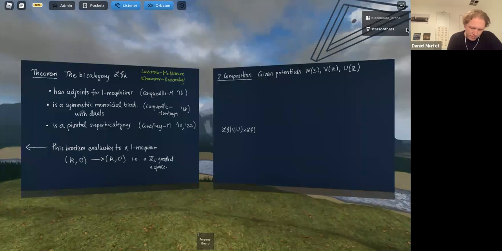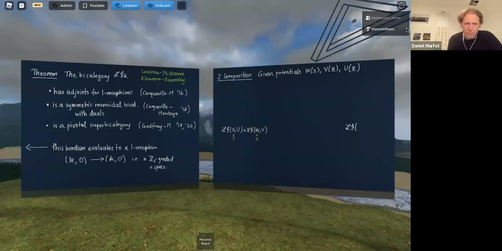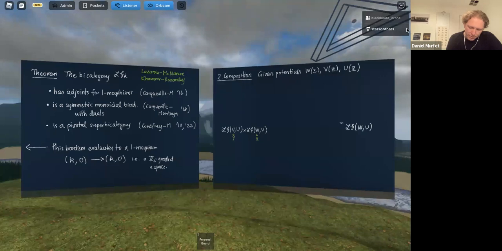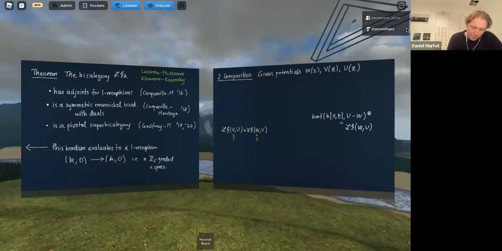So how do we compose in this bicategory? Well, we want to take a Y in here, that is a matrix factorization of U minus V, and an X in here, which is a matrix factorization of V minus W, and we want to get out something which is a 1 morphism from W to U. Okay, well, this category here is HMF of k[x,z], U minus W. This here is by definition a similar thing.